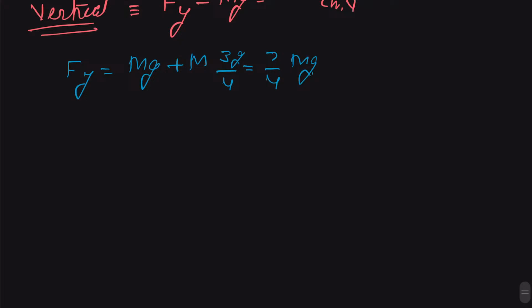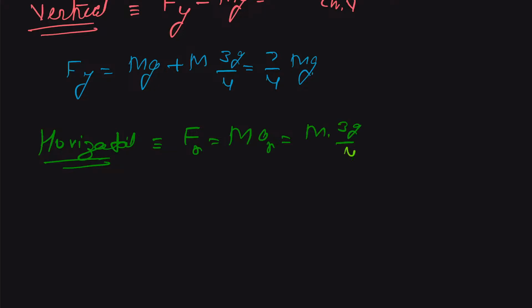And next is our horizontal. Suppose F_x will be equal to m times a_x, which gives us m times 3g by 4, and this will be 3 by 4 mg.